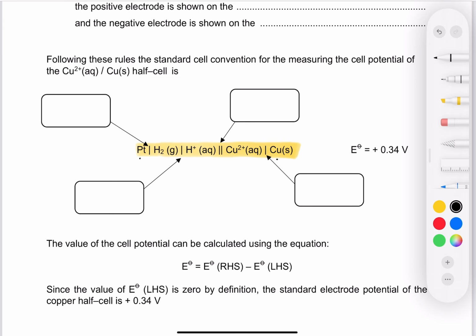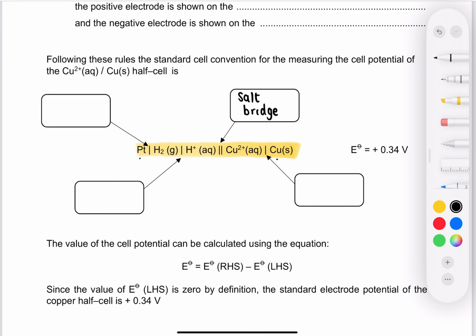They're the electrodes. We've then got the things that were in the left-hand beaker, hydrogen gas and hydrogen ions, and the things that are in the right-hand beaker, copper 2+ ions and copper solid, divided by a double line. That double line represents the salt bridge.